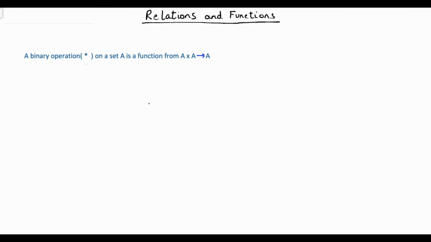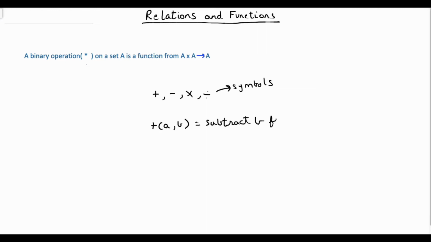It is important to know that the plus, minus, multiplication, division operators, they are just symbols. If someone defines a function like this, then the function applied on 3, 2 will result in 1.